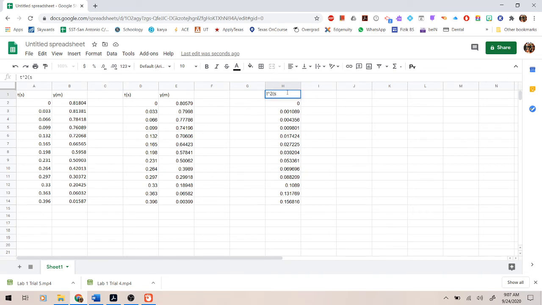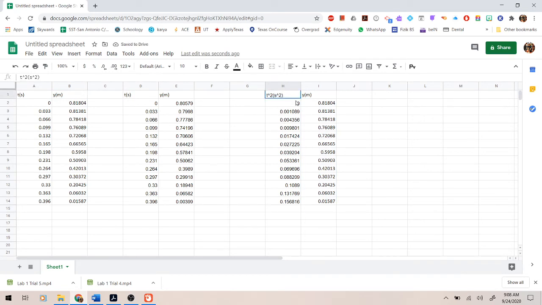And this is going to have the unit of s square. So now what do I need? I need position to time square. So this is, however, going to be my x-axis. So I'm going to keep it as the first, and then copy this next to it.